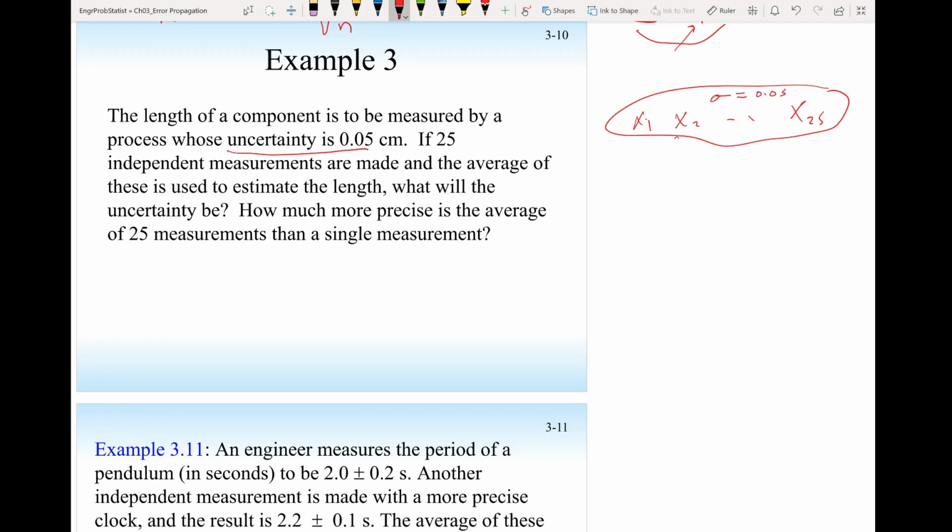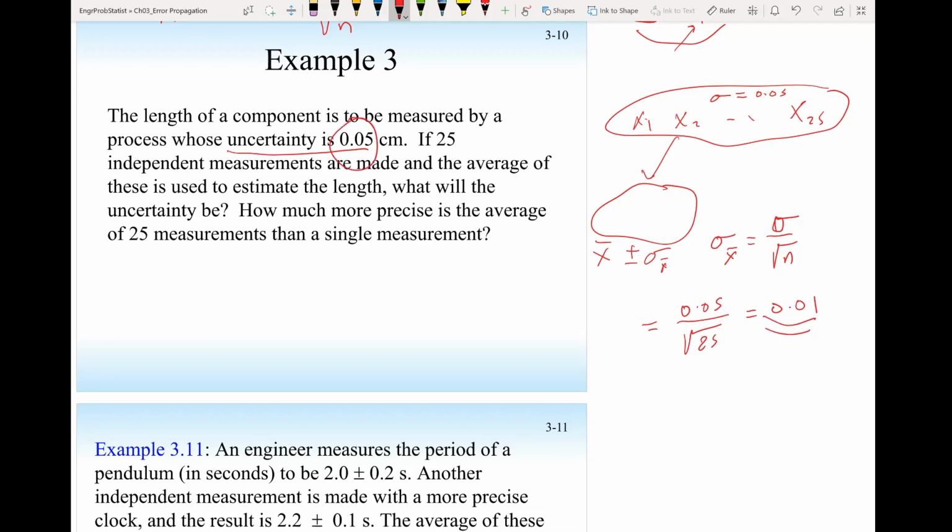Now you use the 25 measurements to estimate x bar, and they want to know the uncertainty in this average. This will be 1 over the square root of n times the standard deviation of the system, so 0.05 divided by the square root of 25. That will be 0.01. So you improved the precision from 0.05 to 0.01, by a factor of 5. The cost is that you made 25 measurements.